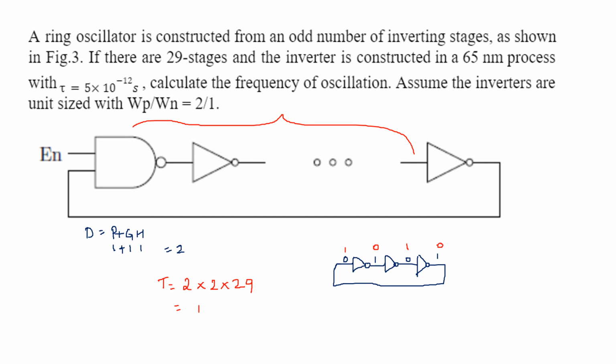So this is the normalized delay. Now this has to be multiplied with the unit inverter delay, which is 3RC. Tau is given here. So multiplying this with tau, that is the unit inverter delay, and taking the reciprocal of that gives the frequency of oscillation.